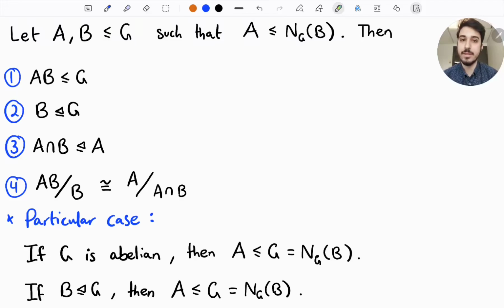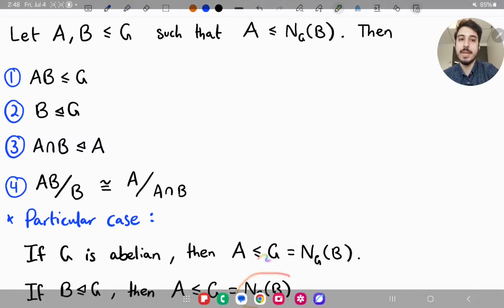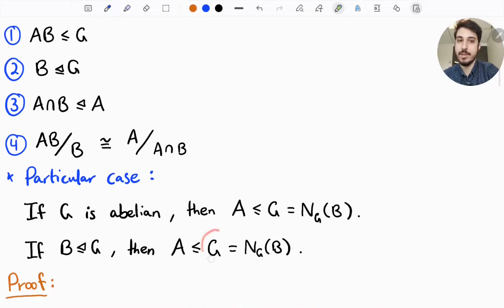The second particular case is that if B is a normal subgroup of G, then the normalizer of B is going to be equal to the entirety of G, and again, A is a subgroup of that. So with that in mind, let's get down to the proof.